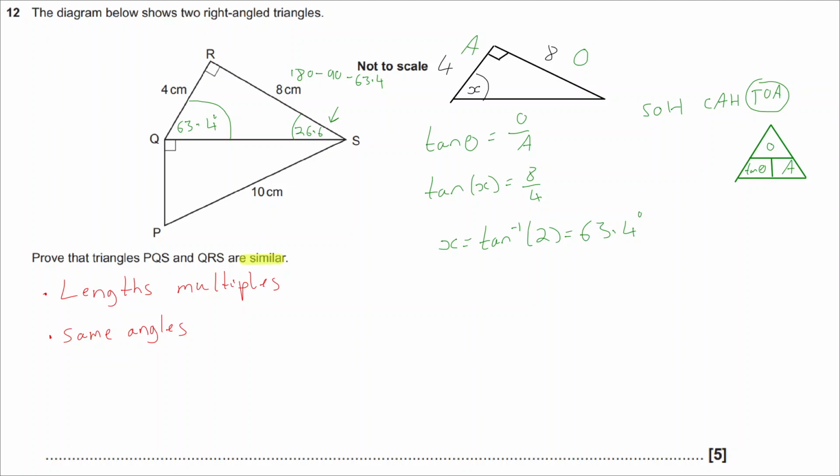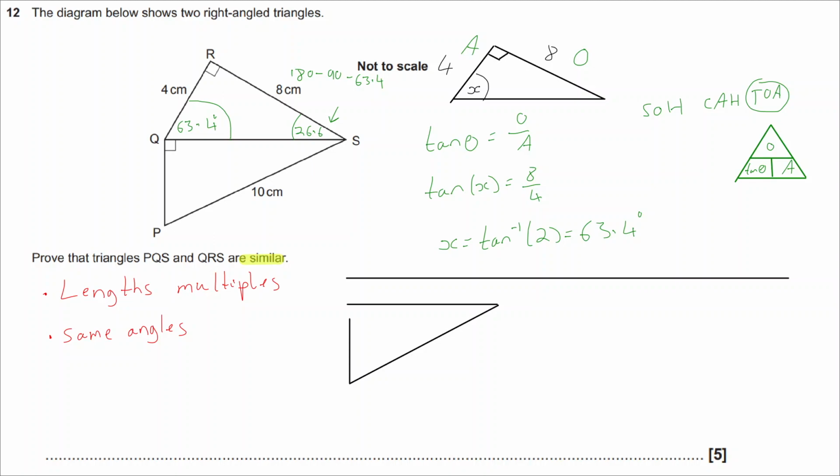It's actually quite a big question, this one, because I've just realised I've got to get, in this triangle QPS over here, actually, I've only got one side, which is 10 here. And I've got a right angle. I need another side to get an angle. But that's fine. I can use this triangle again and use Pythagoras.